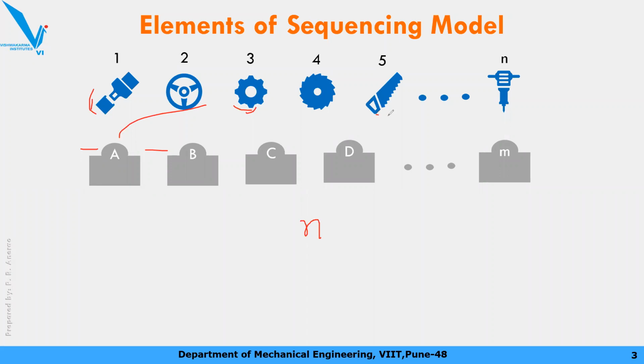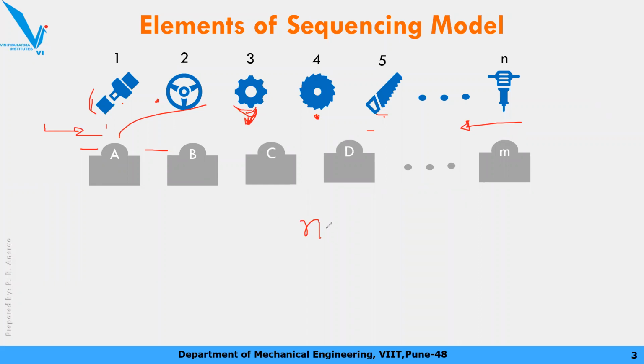You can start from any machine, or the sequence might be such that you first complete job number 3, then start job number 4, after that 2, then 5, then 1, and so on. Or you can go from n to 1 or 1 to n in this sequence.